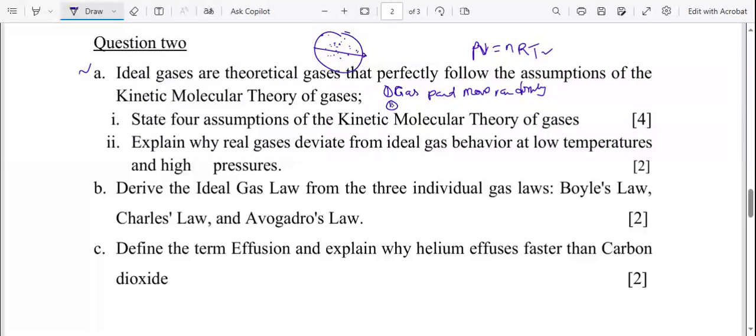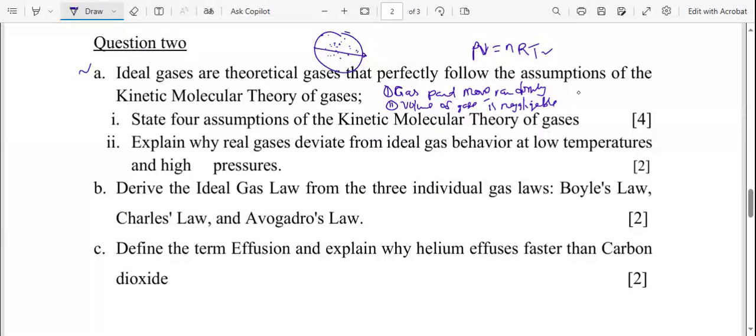So gas particles move randomly; that's one point. Another point is that the volume of particles is negligible. You don't have to consider the volume.